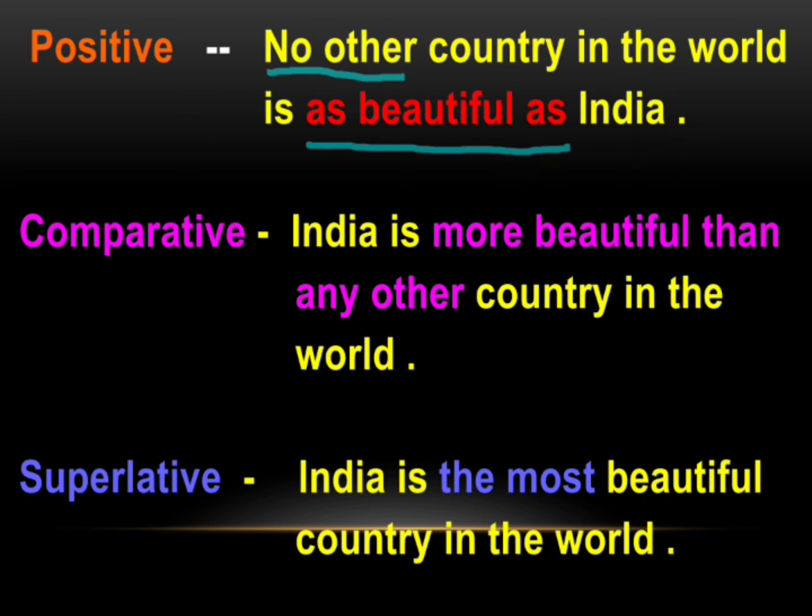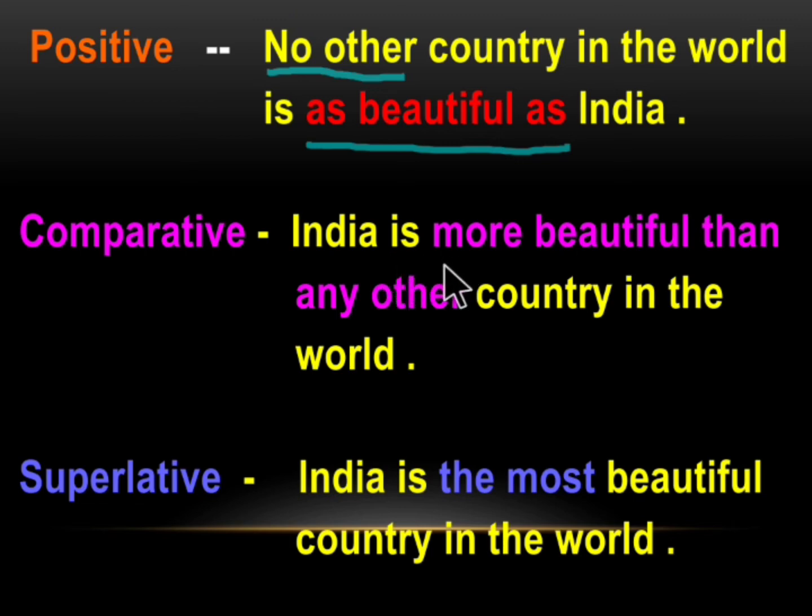In the comparative degree, we begin with the last word of the positive degree. So India. India is singular, so it is is. As per the rule of the comparative degree, we use either ER form of the adjective or adverb, or if that ER form is not applicable, we use more. So beautiful, ER form is not applicable, so we use more.